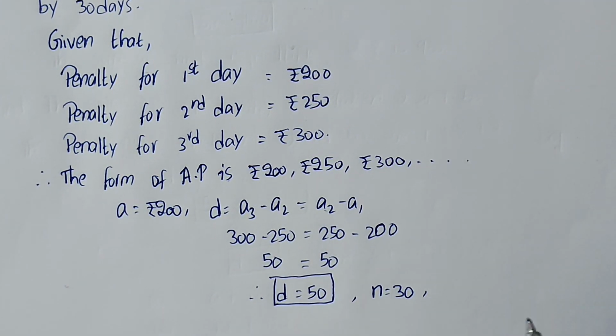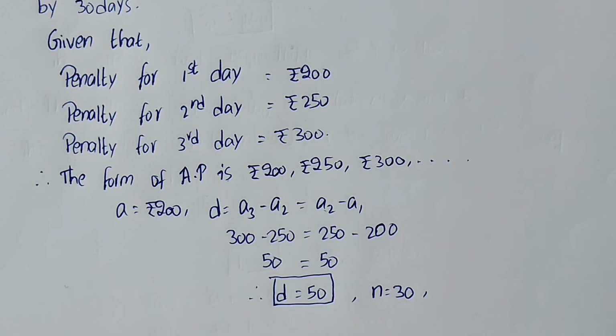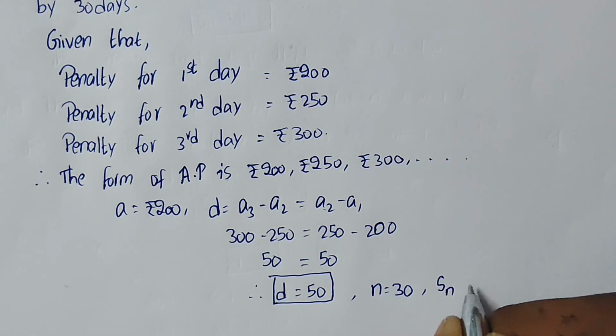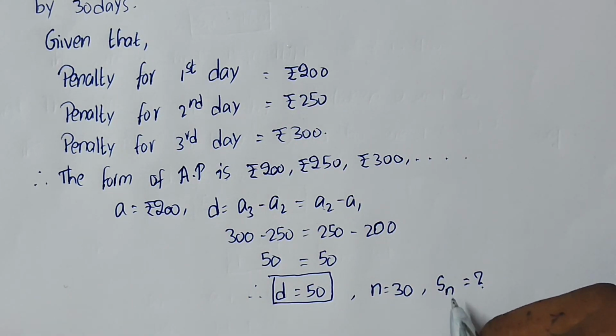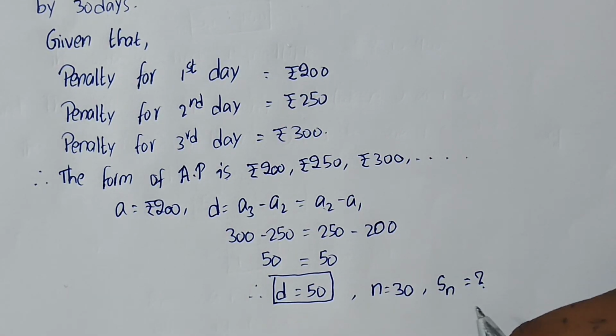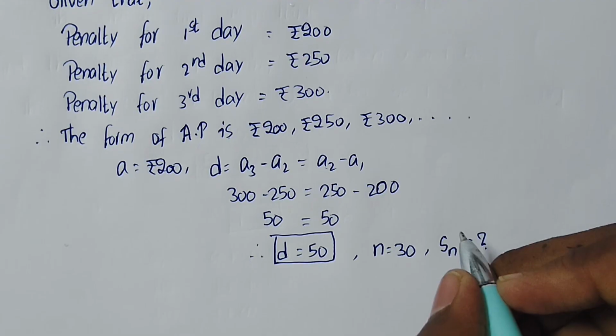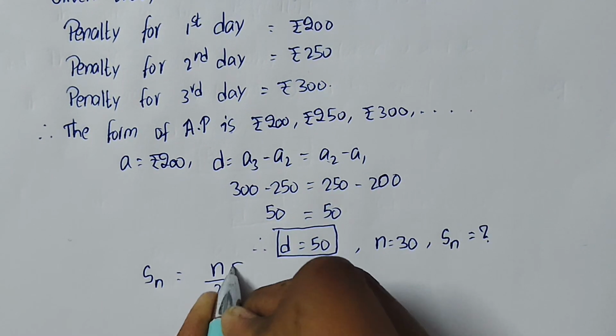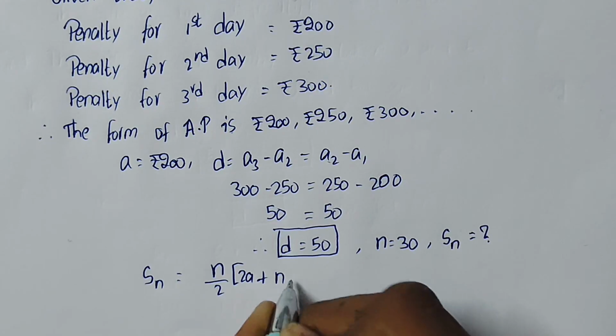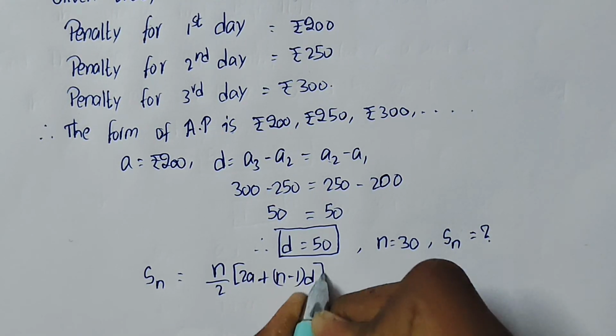Now he also gave the N, that is, if we delay the work by 30 days, N is equal to 30. So we have to find S base N, the sum of 30 days money. We know the formula of S base N: N by 2 into 2A plus N minus 1 into D. Understand?